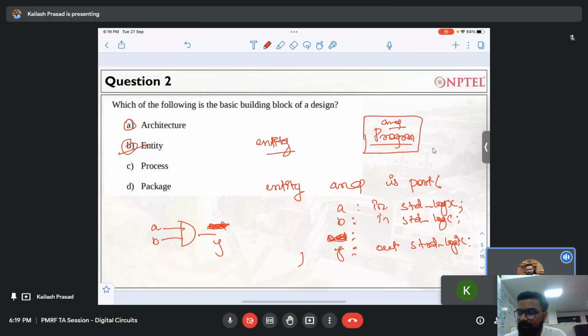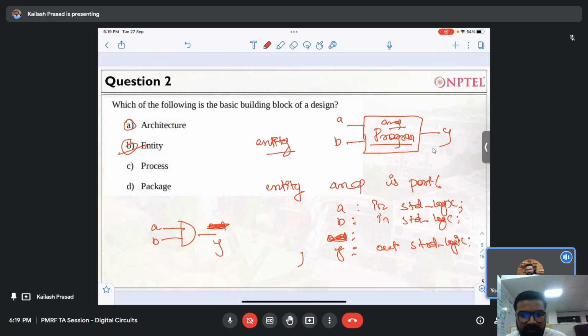The basic thing I will do is write the ports, what my ports are. So I have two inputs A and B, and I have one output. Internally my program can be anything. I will call this program or block my entity, and the input and output ports I want to define will be defined under entity.